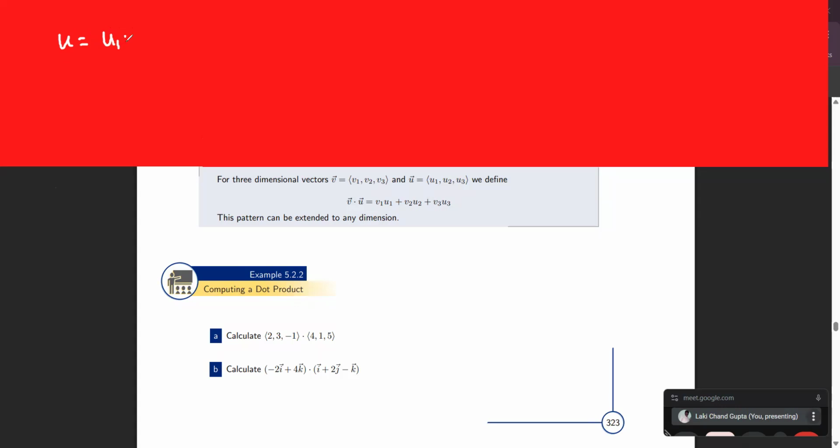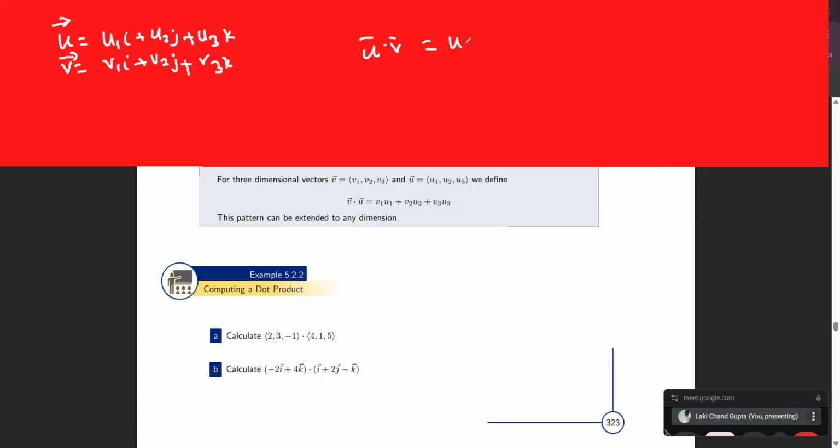Let's suppose u1i, u2j, u3k, and the second vector is usually represented by this arrow: v1i, v2j, v3k. You want the dot product.